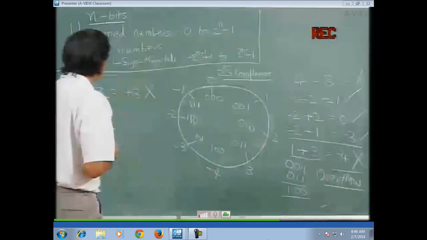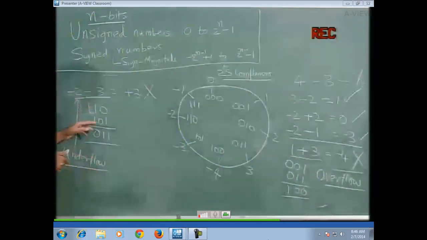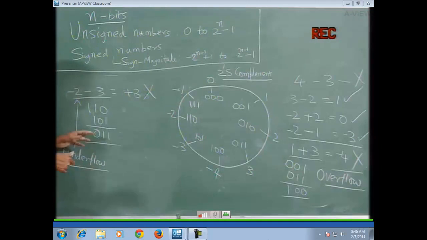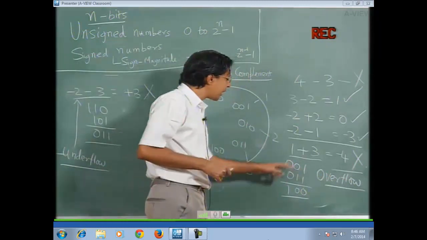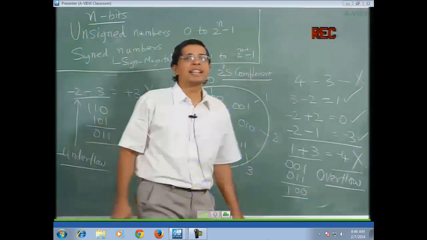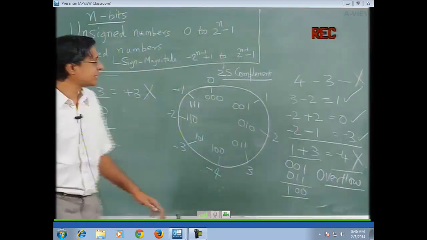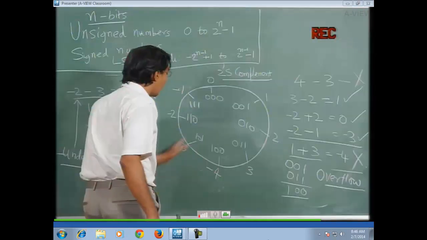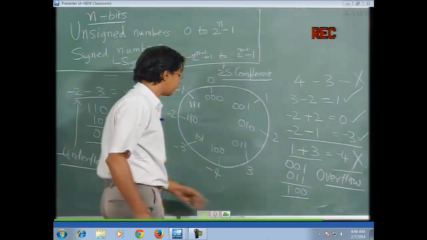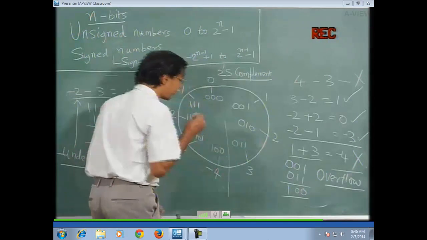When I take two negative numbers and do the addition, and if I get a positive number as an answer, then it is an underflow. If I take two positive numbers and I get a negative number as an answer, then it is an overflow. Essentially it says that I have crossed this boundary, or I have crossed this boundary.